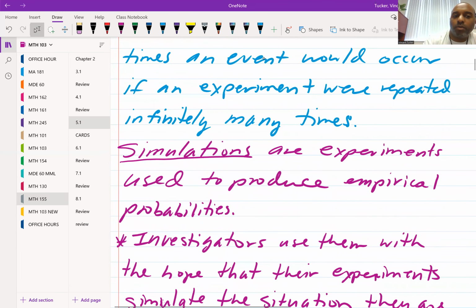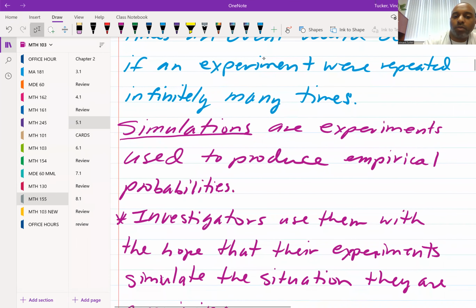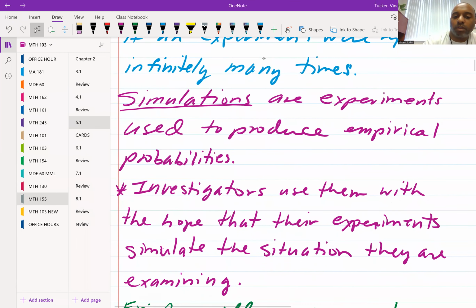I look on blue, I scroll up on blue. All right.